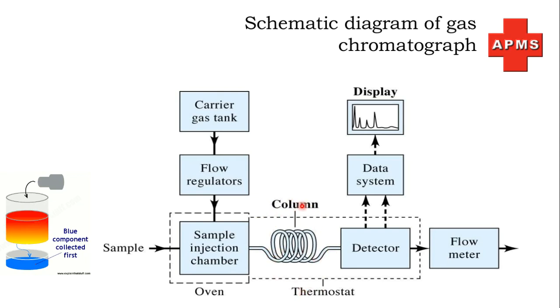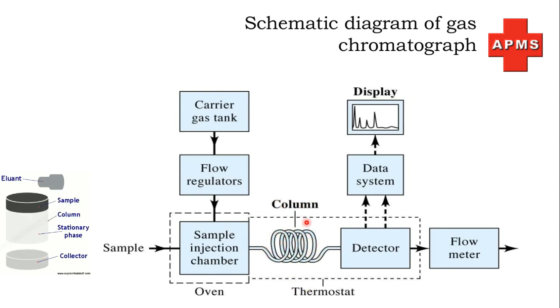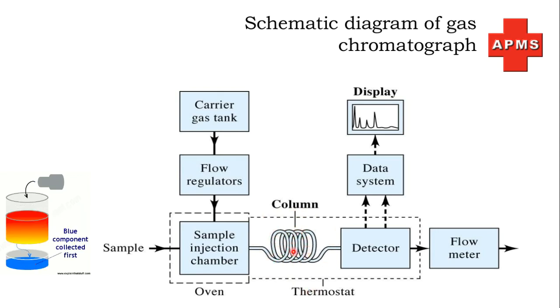The long column is converted into a smaller portion, but actually the sample travels through the full column, so this is the complete length of the column.